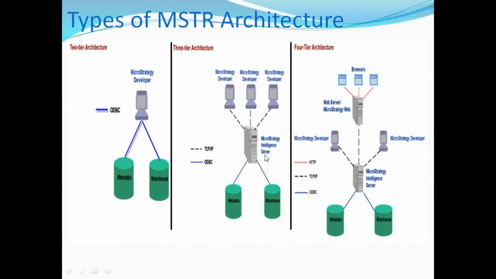Here you see one extra connection: apart from the dark blue line, you see a dotted black line. This indicates a TCP/IP connection. From the server to your interface, you need this TCP/IP connection.